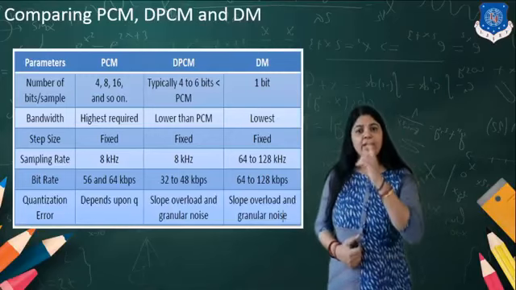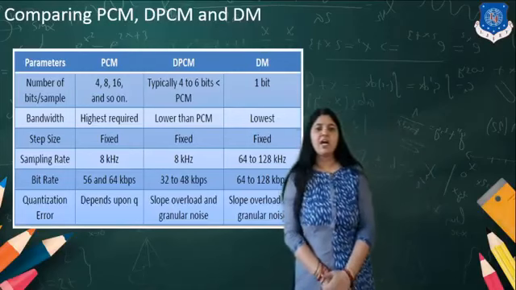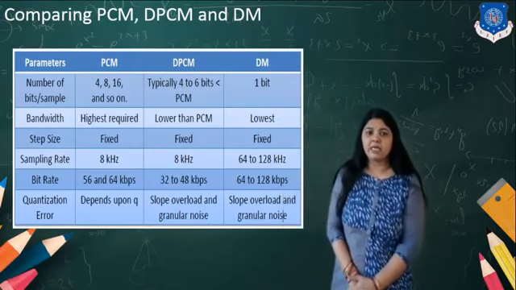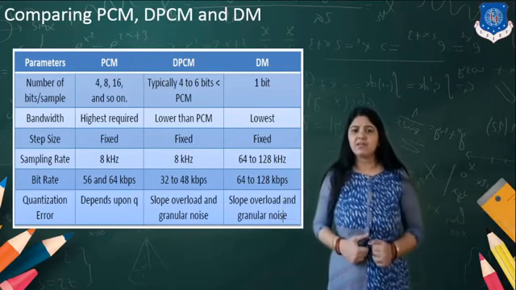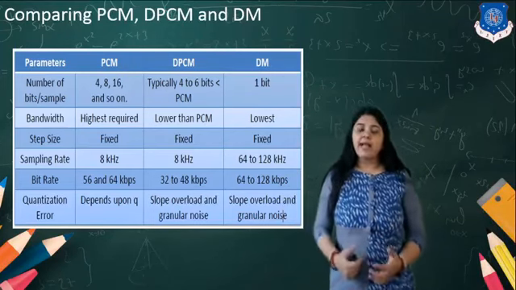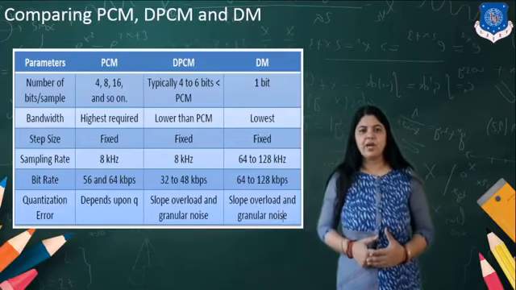And in DM, only 1 bit per quantized sample. The bandwidth requirement in PCM is higher compared to DPCM. DPCM requires lower bandwidth than PCM, and delta modulation requires the lowest bandwidth.